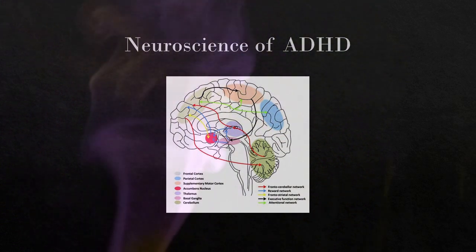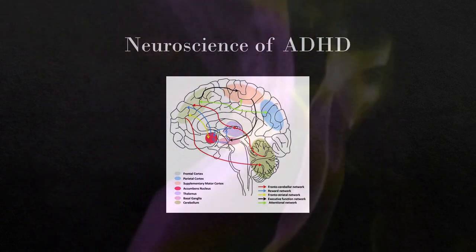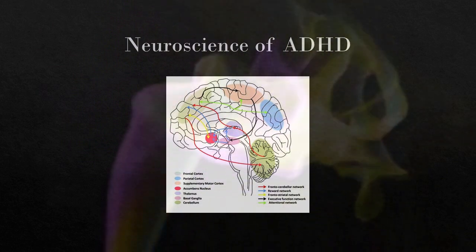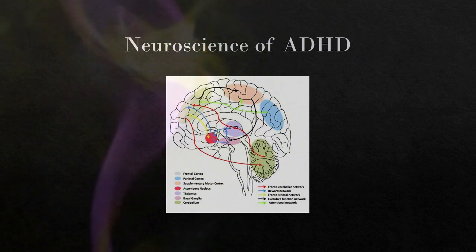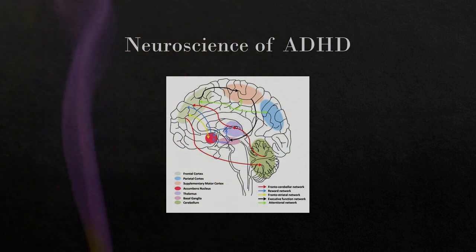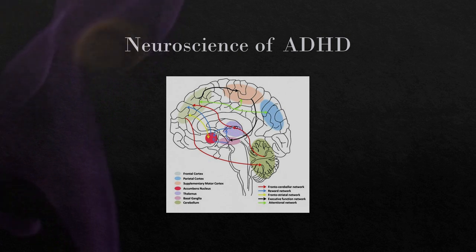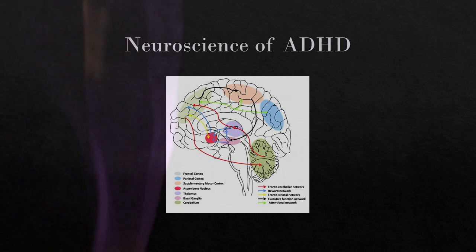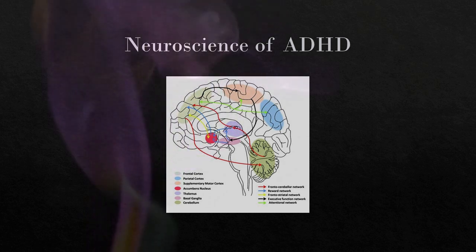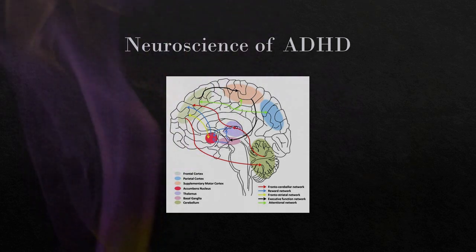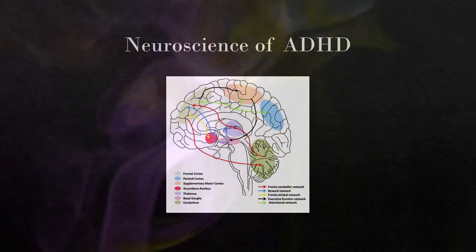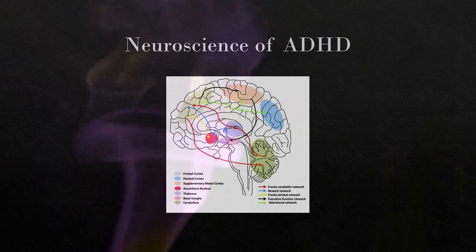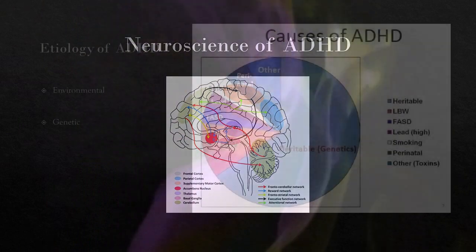And then underlying all of that, there's the neurochemical components, particularly to do with dopamine, the dopaminergic system. Dopamine neurotransmission is implicated in ADHD. So alterations in dopamine levels and receptor functioning contribute to difficulties in sustaining attention and regulating impulses.